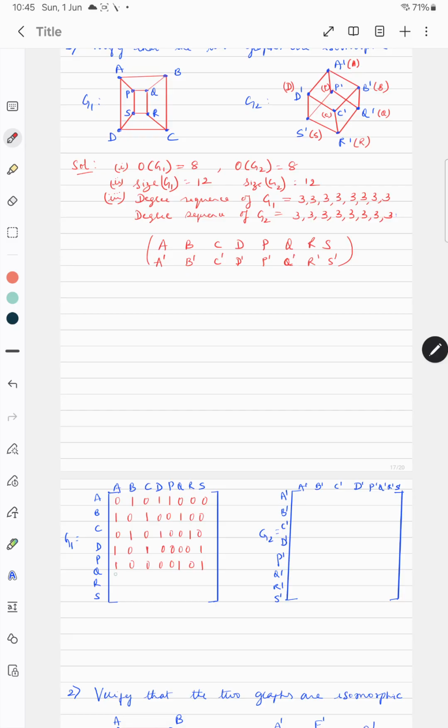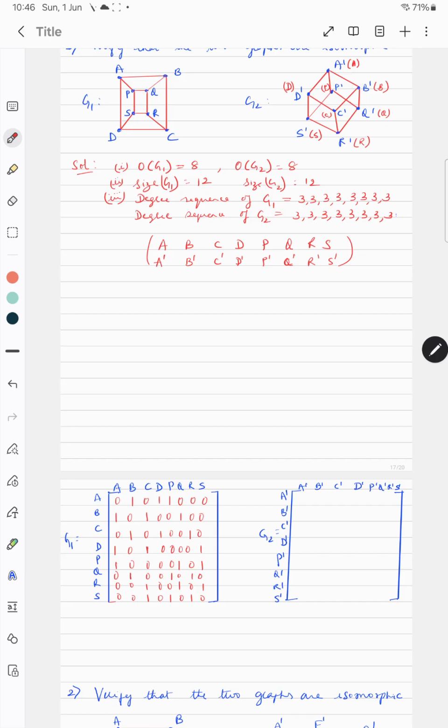Q is adjacent to P, B, R. Next, R is adjacent to Q, C, S. And S is adjacent to D, R, P. Remaining all 0.